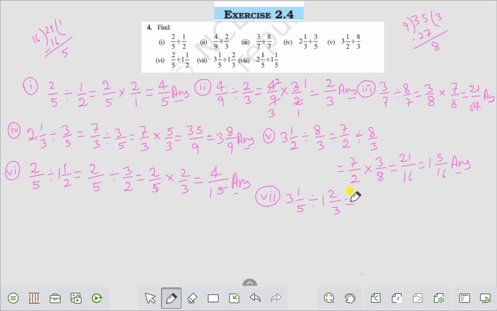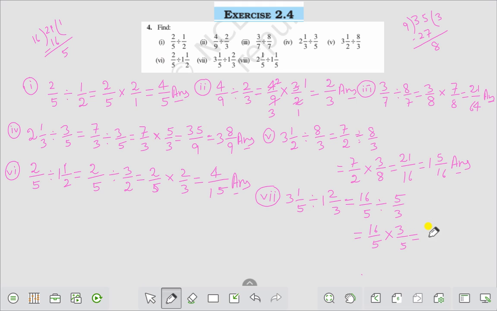That will be equal to, change into fractions first, that is multiply the whole number with the denominator and add the numerator, that is 3 fives are 15 plus 1, that is 16 by 5. 16 by 5 divided by 1 whole 2 by 3, multiply the whole number with the denominator and then add the numerator, that is 3 ones are 3 plus 2, that is 5 by 3. That will be equal to 16 by 5 into, write the reciprocal of 5 by 3, that is 3 by 5.